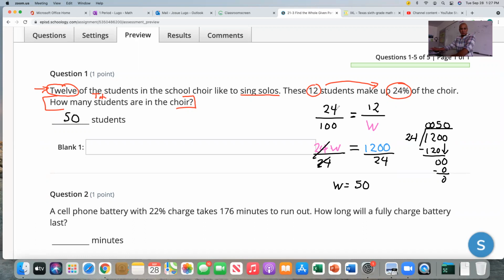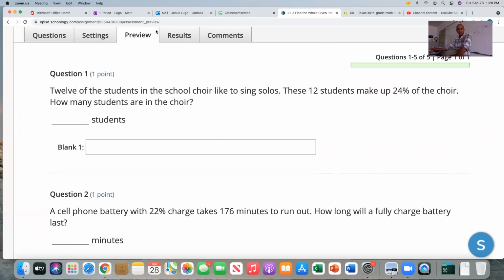Right here, we can ask ourselves, 24 divided by what gives me 12? Wasn't it divided by 2? Well, 100 divided by 2, that gives me 50. Notice how W is 50, just like what I got down here. My whole is 50. 12 out of the 50 students in the choir sing solos. That is 24% of the students. Hopefully that wasn't too bad.